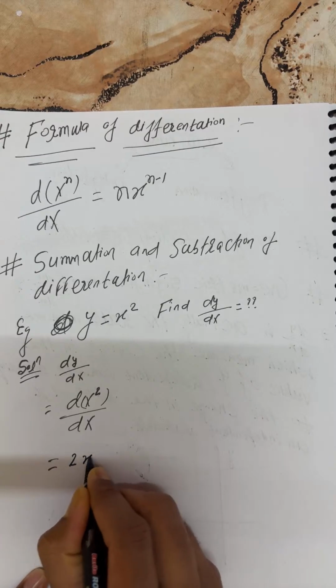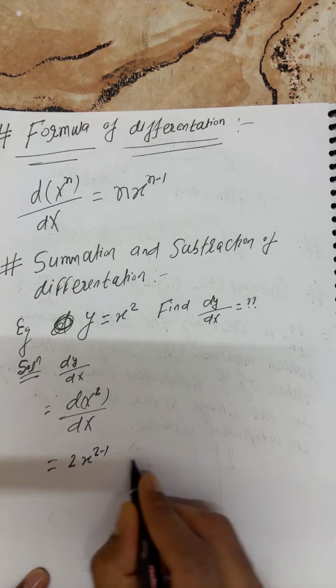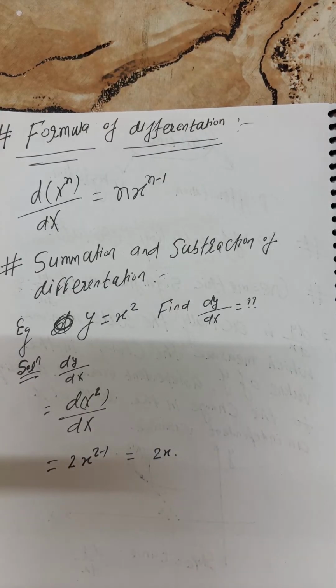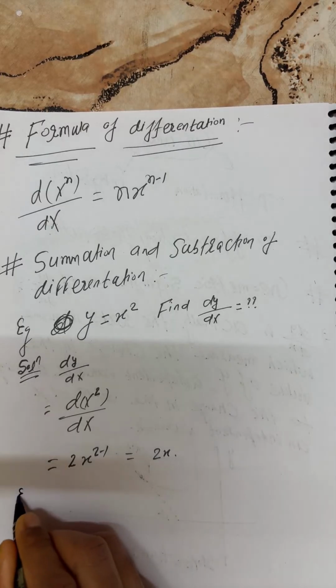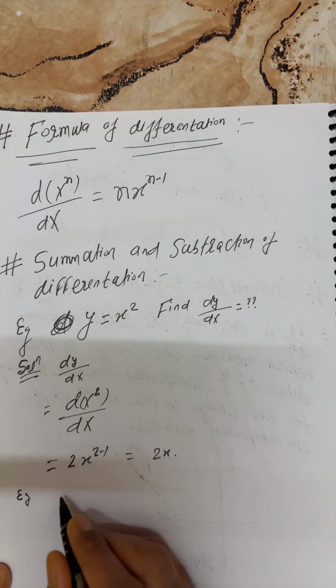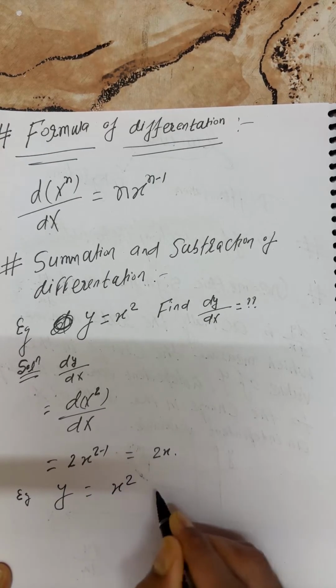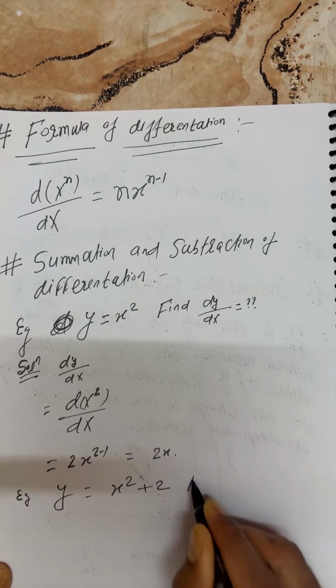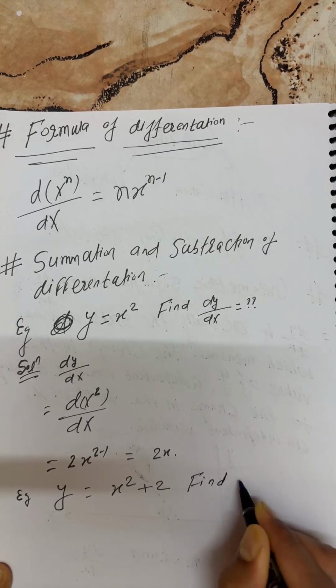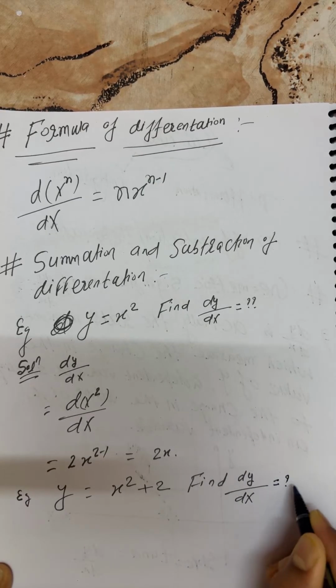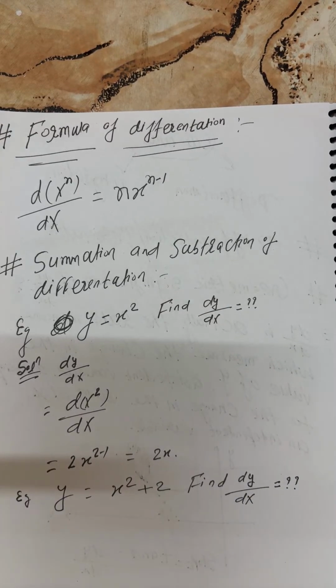So 2 into x to the power 2 minus 1, which is equal to 2x. Next, students: y is equal to x square plus 2. The question remains the same, kids. Find dy by dx.